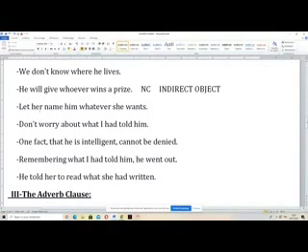Let us see the other example. Let her name him whatever she wants. What is the noun clause here? Whatever she wants. Yes. What's the function of the noun clause here?